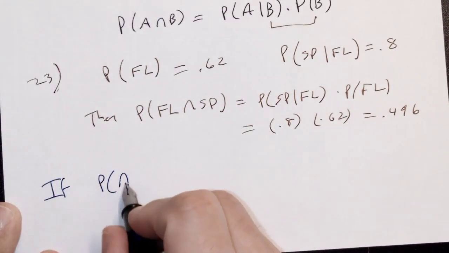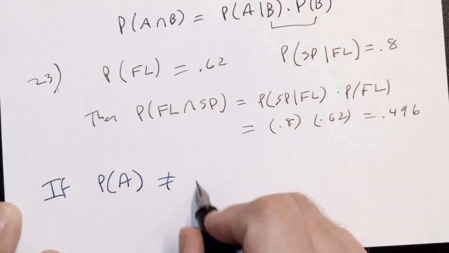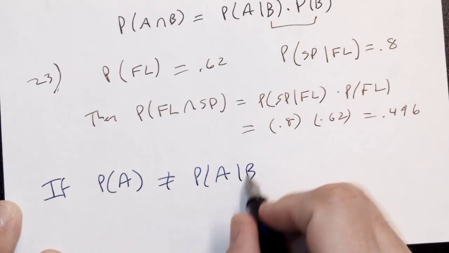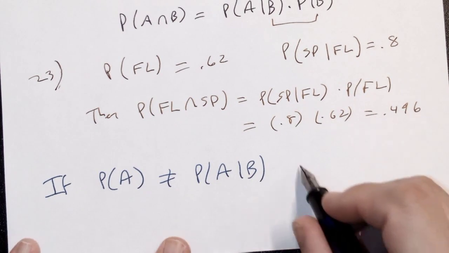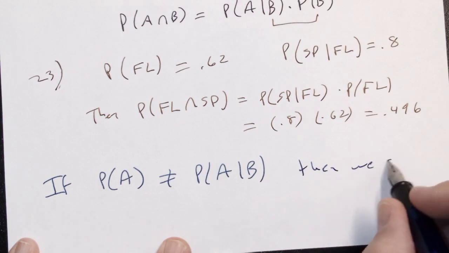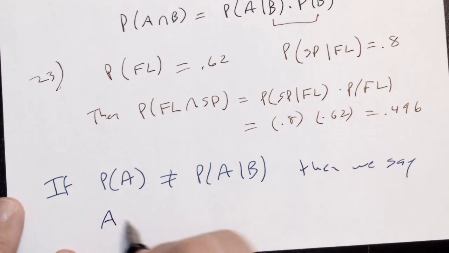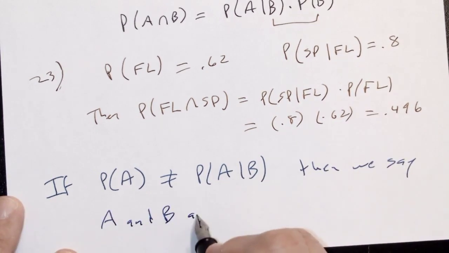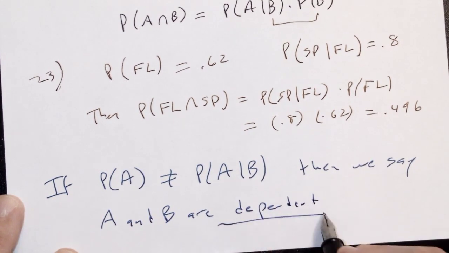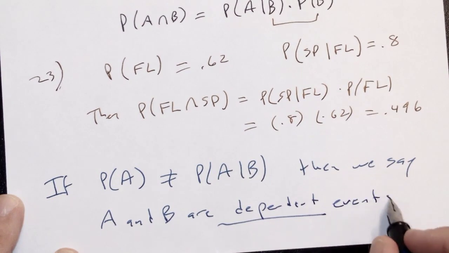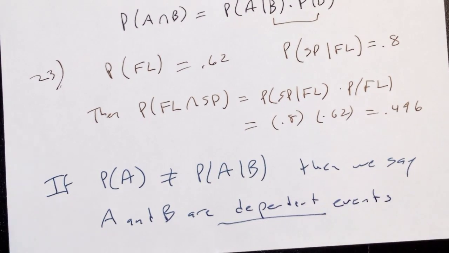If the chance of A is not the same as the chance of A given B, so if getting that extra information changes something, then we have dependent events. They somehow depend on each other.